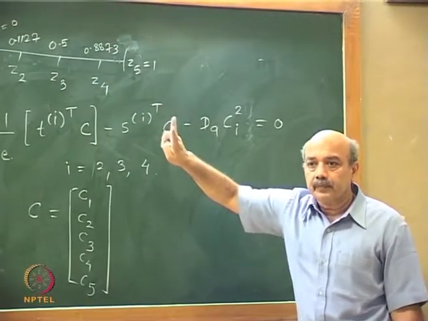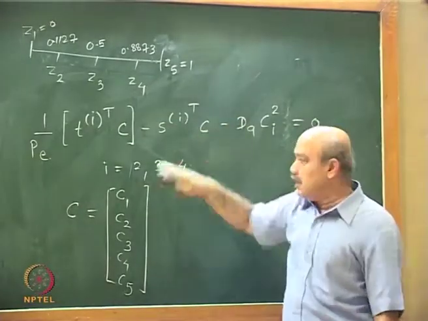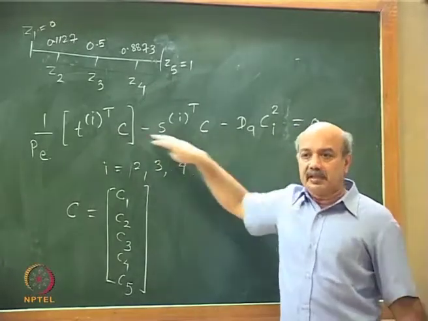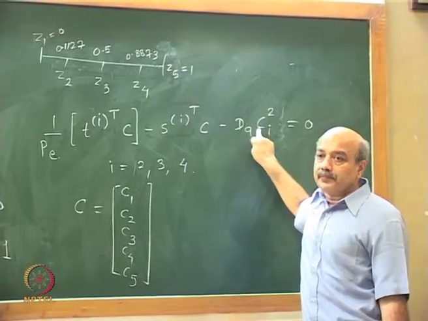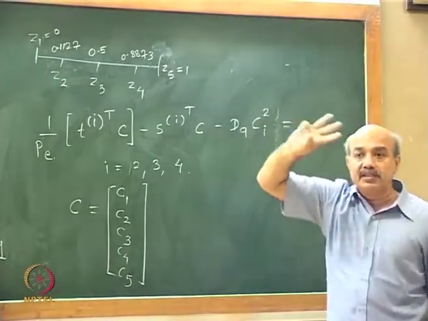Second row, here you will choose the second row from the matrices. When you choose I equal to 3, you will choose the third row from S and T matrices, and you will get here DA into C3 square.